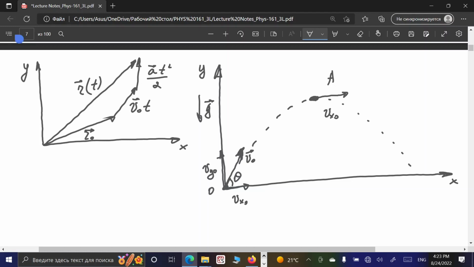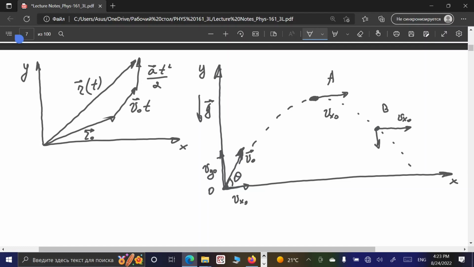And obviously, if we let this projectile flow further, it will go downwards. So at some point, let's say B, here will be the same component Vx naught projection, because it doesn't change, it stays constant.